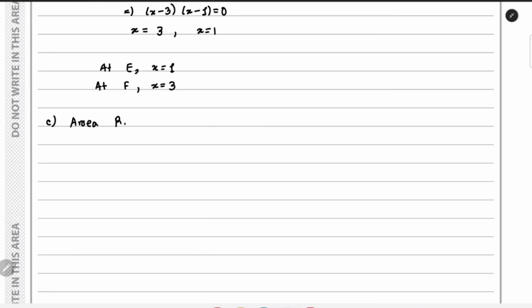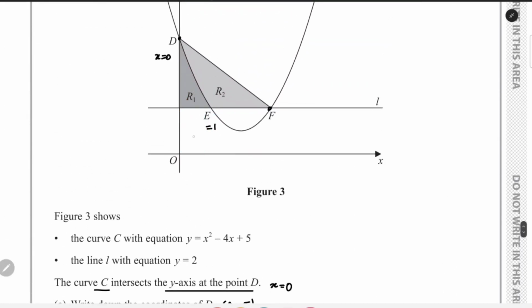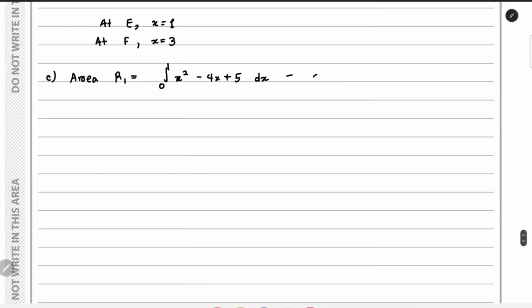So area R1 would be equal to the integration of x squared minus 4x plus 5 dx from 0 to 1, minus the area of this rectangle. The height is 2 and this length over here is 1, so this would be 2 into 1.